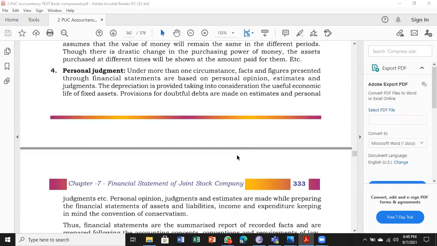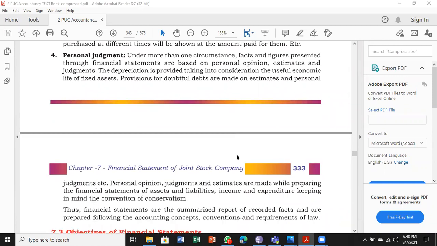The next one is that the accounts are made based on concepts and principles. Then the personal judgment of the accountant who prepares the accounts and records the business transactions is also very important. So personal opinion, estimates, and judgments are connected to how much provision to be made on doubtful debts, how much provision to be made on discount on debtors and creditors, how to value the fixed asset, and which depreciation method to be followed.